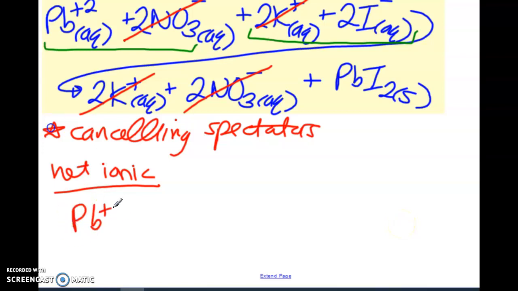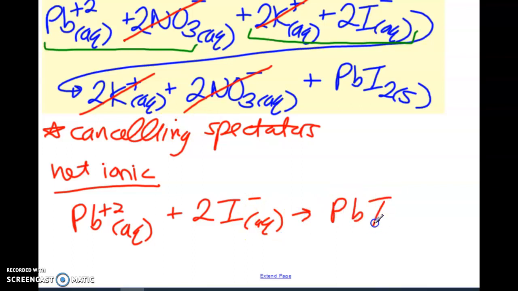So we're going to rewrite our ions that are remaining. And of course, we have lead 2 iodide as our precipitate. So the spectator ions you get rid of, the net ionic is rewriting that out with them removed.